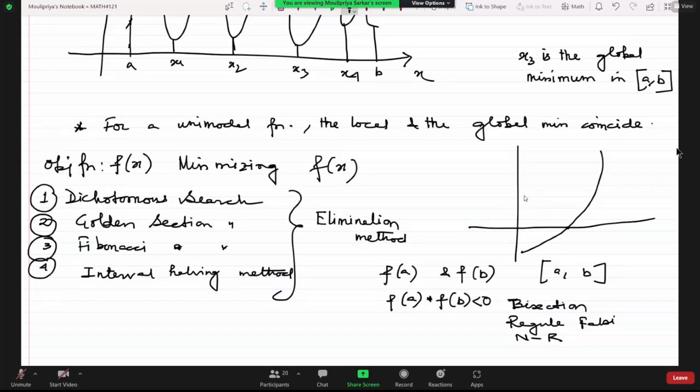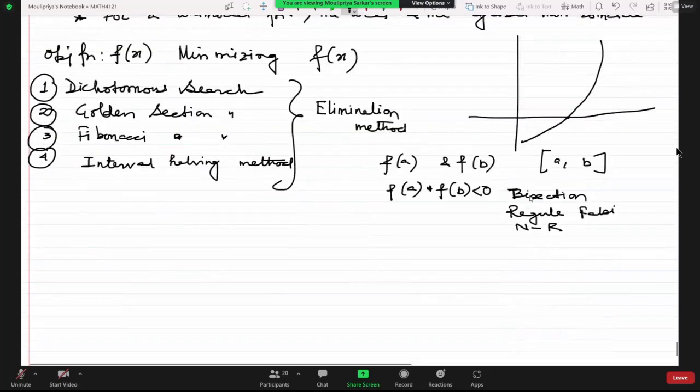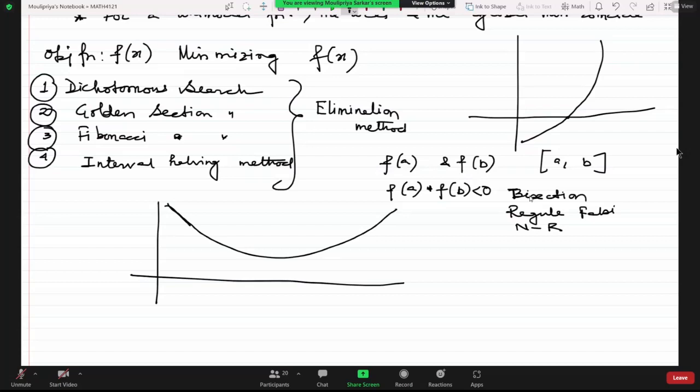That implies, initially, suppose this is a curve for which we are to figure out the point at which the function f(x) is going to be minimized. If this is my initial interval of search, by a certain technique we are going to shrink our interval of search, the way we did using bisection, regula falsi, and Newton-Raphson.